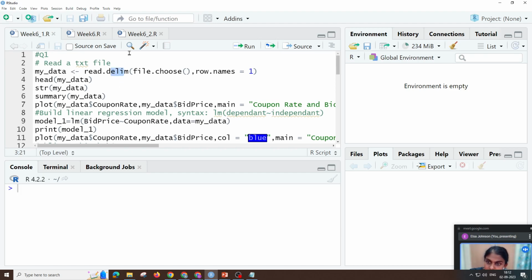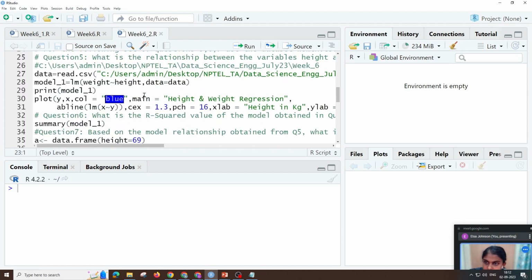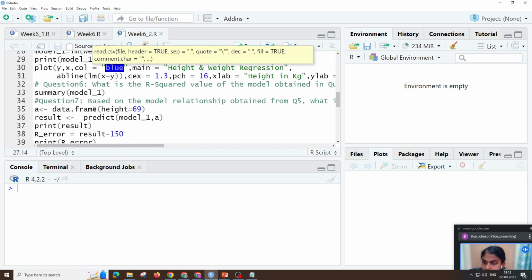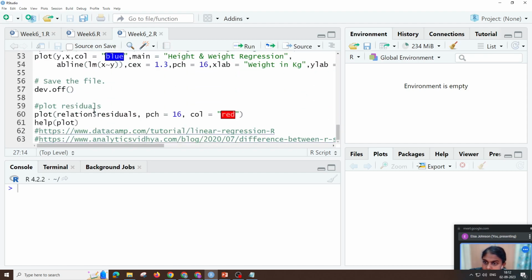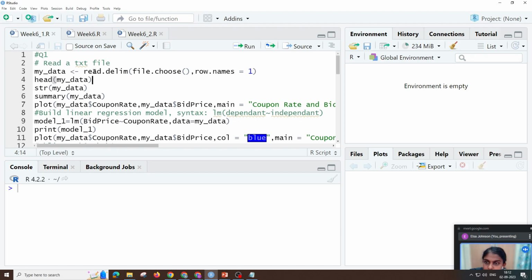If it's a CSV file then you have to use read.csv, so it will vary with that. If you have an Excel file then it will be read.excel, like that, XLSX. So read.delim is for text data or tabular data. Then I have given file.choose.